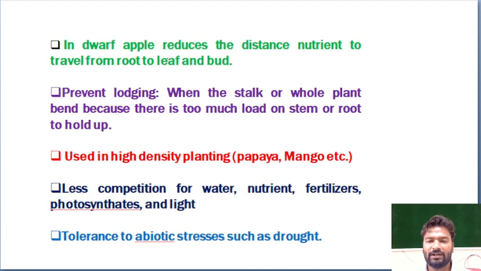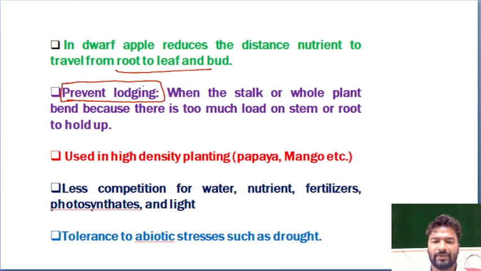In dwarf apple, the distance for nutrients to travel from root to leaf and buds is reduced. And one more important aspect of dwarfing is that it prevents lodging. Lodging is when the stalk or whole plant bends because there is too much load on the stem or root to hold up.